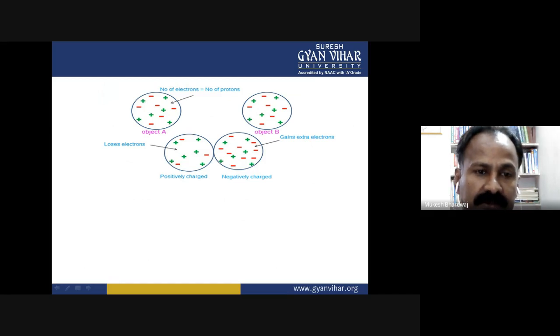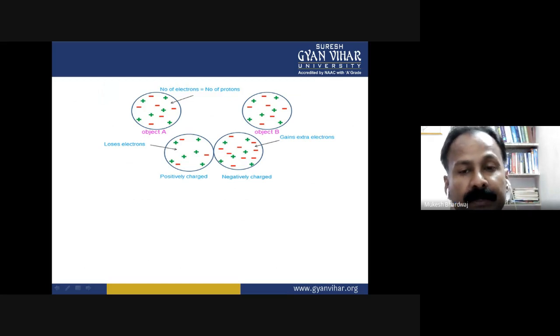Now when we bring both objects near to each other, some of the negative charge moves towards object B and it becomes more negative, so it is negatively charged, and the positive charge will remain in object A in greater quantity, so we can say that it is positively charged.